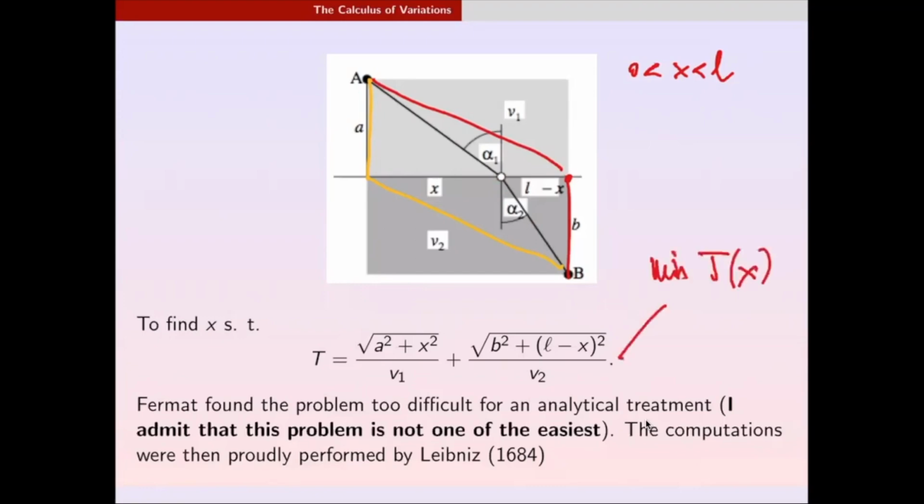So nowadays, this is a calculus 1 exercise. It is sufficient to compute the derivative of t and check what is the point x for which the derivative is equal to 0. But he didn't get it. And then he wrote to Leibniz. Because Fermat was not able to solve the problem, he said to Leibniz, okay, maybe you can try yourself.